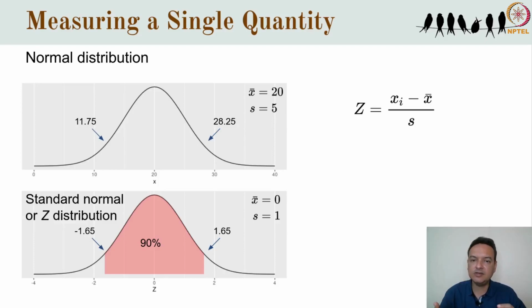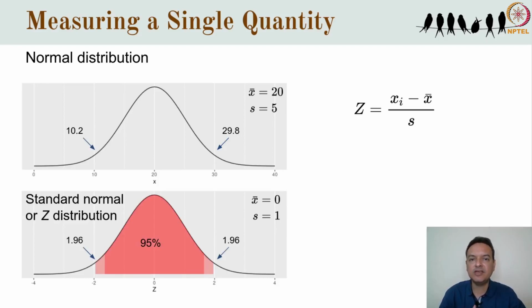So in the original distribution, 90% of the data lie between 11.75 and 28.25. Similarly, in the Z distribution, the range -1.96 to +1.96 covers the central 95% of the distribution, which corresponds to 10.2 to 29.8 in the original data. Please work it out for yourself and see if you get the same numbers that I did.